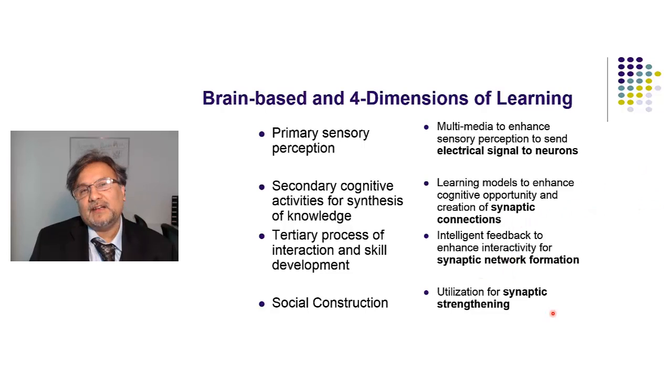And then finally we connect them to fellow learners so that they can learn from each other based on social learning, which is called utilization or synaptic strengthening. So when I start talking about what I've learned and I start teaching that to my fellow students and my fellow colleagues in the corporate environment, then if I mastered a certain idea in the corporation, I will teach everyone else, and that is called synaptic strengthening.